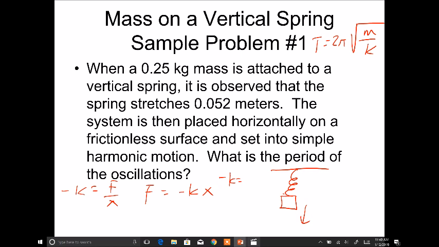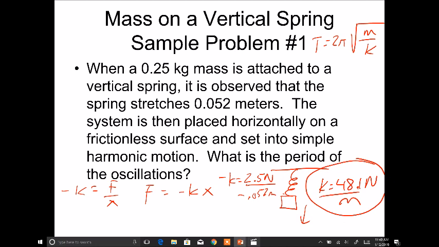So 0.25, and we're going to use 10 for g. 0.25 times 10 is 2.5 newtons. We divide that by the displacement, negative 0.052 meters. We divide that out, and K is going to equal 48.1 newtons per meter.